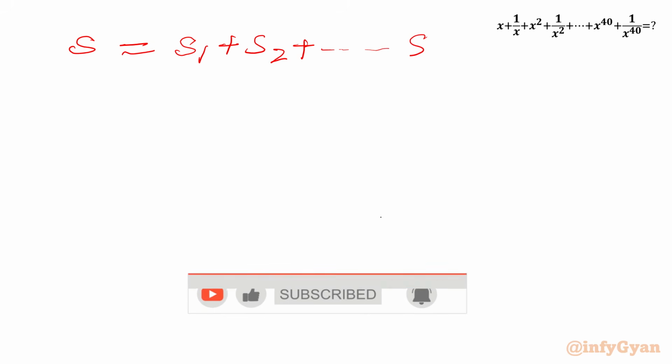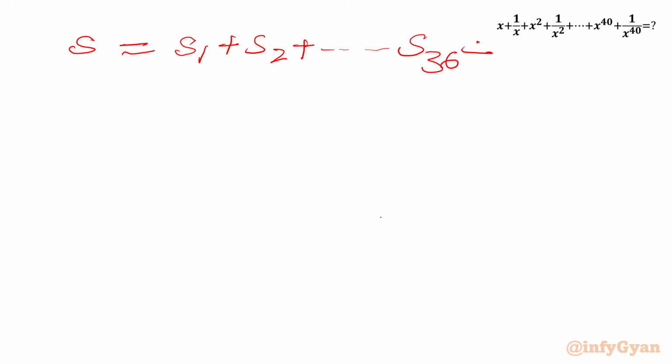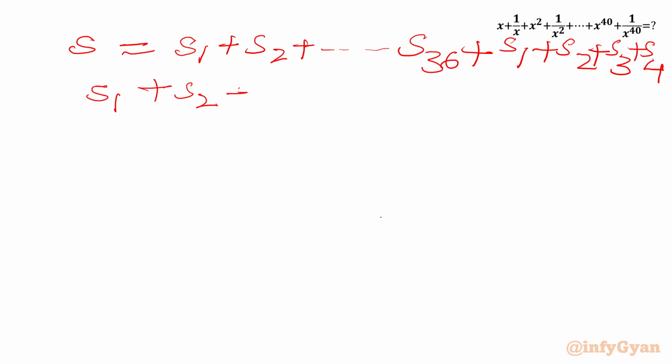So we can find the overall required sum. It is equal to S1 plus S2 plus S3 up to S36. Then we have S37 which is equal to S1, S38 which is equal to S2, S39 which is equal to S3 and S40 which is equal to S4. Now we know that S1 up to S6 is equal to 0.